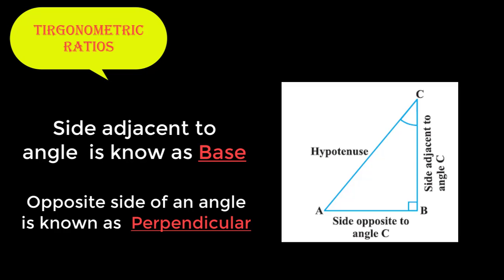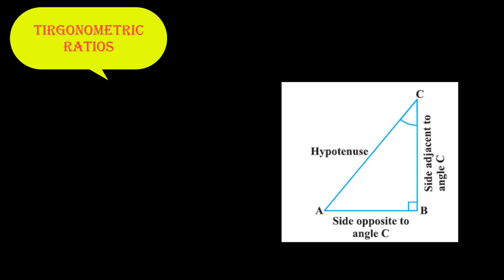So if you are taking angle C, or angle ACB, then side AB is perpendicular, and BC will be your base. With this concept we will move forward and see some trigonometric ratios.